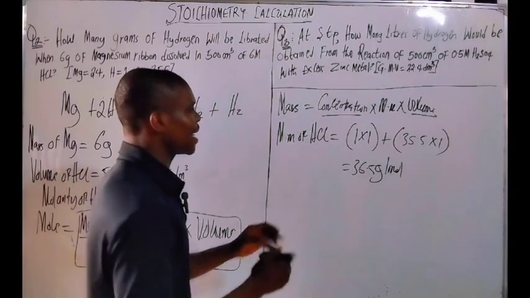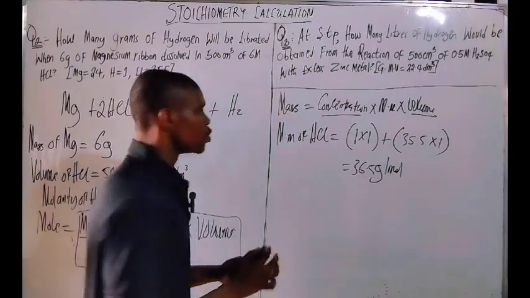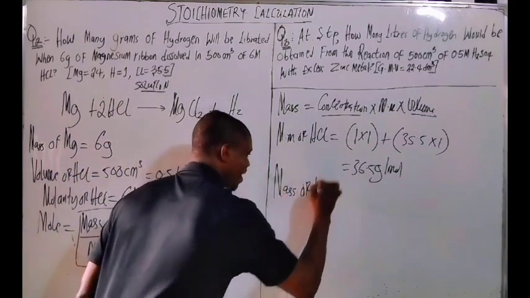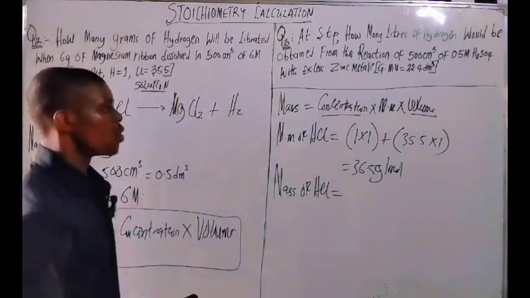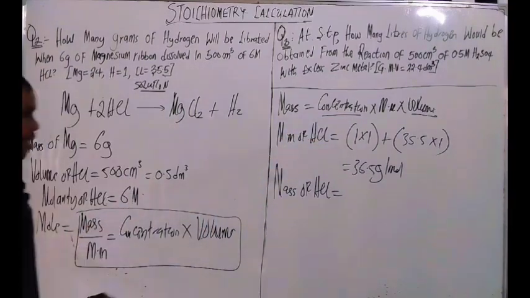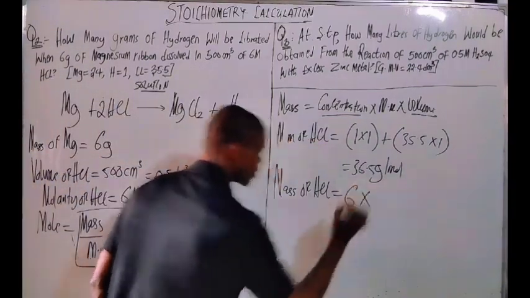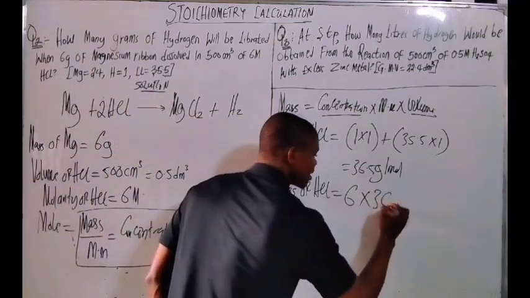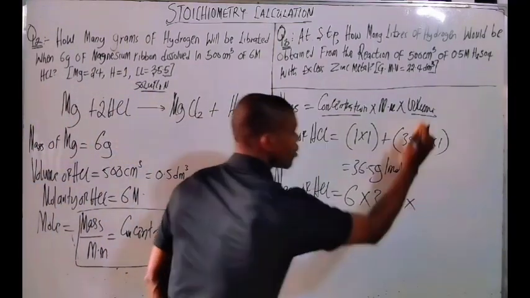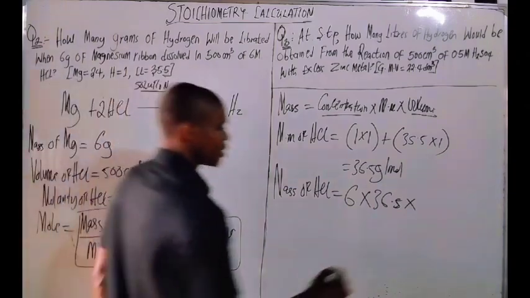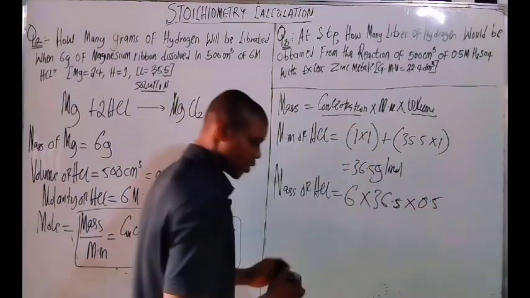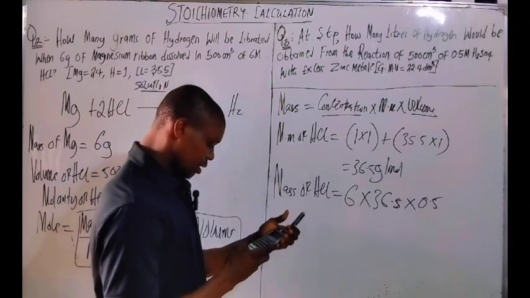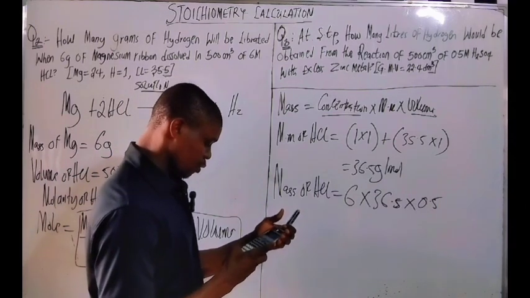Now the idea is that let me get the mass of HCl. The mass of HCl is equal to the concentration, which is 6, times the molar mass, which is 36.5, times the volume, which is 0.5. So we say 6 times 36.5 times 0.5.